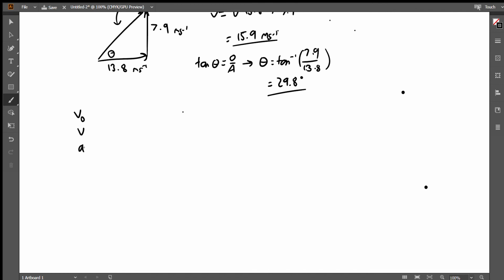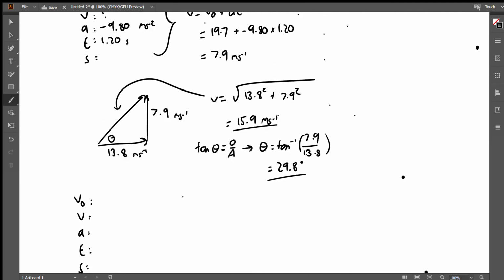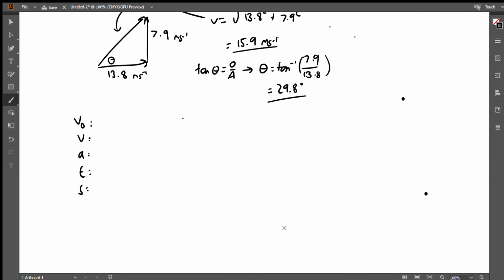SUVAT. So v0, as we've worked out before, will be 19.7, and the final speed will be 0. Acceleration is just the acceleration due to gravity again. So what we're trying to work out is the time.